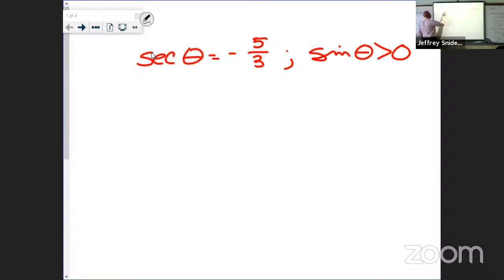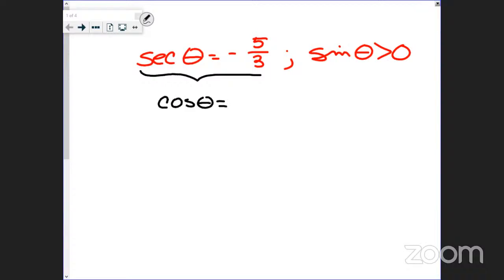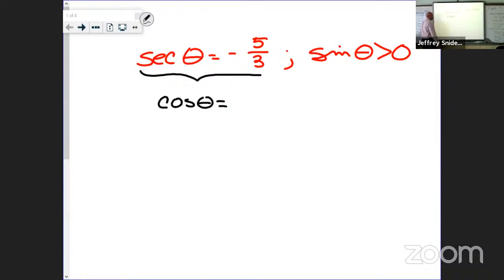If I told you this, then right away you can tell me one of the other ratios. Cosine theta is what? How are cosine and secant related? Reciprocal. So you flip. So it's negative 3/5. Okay, great.